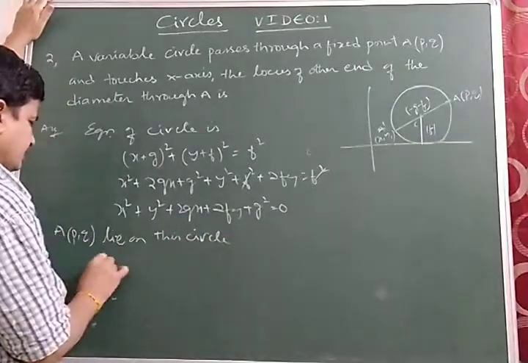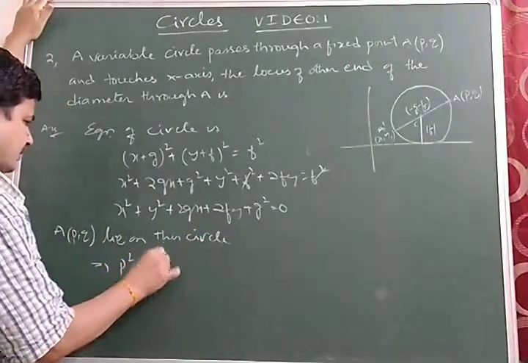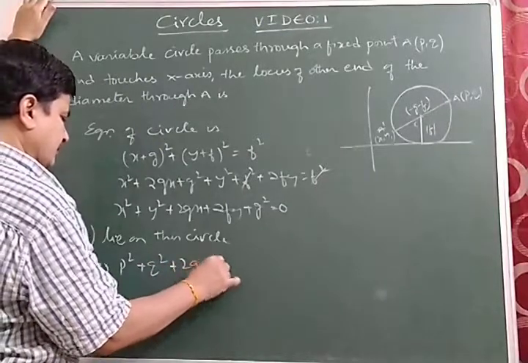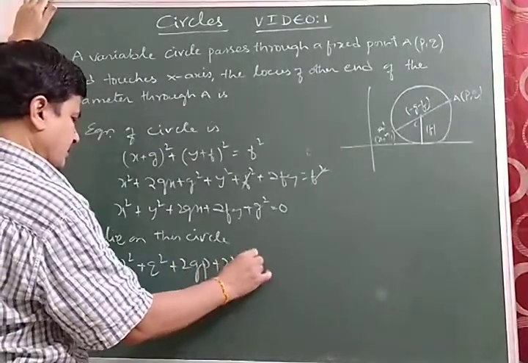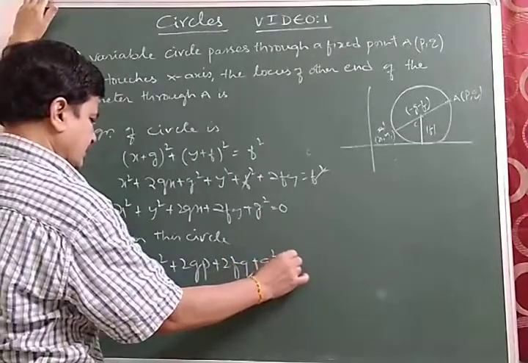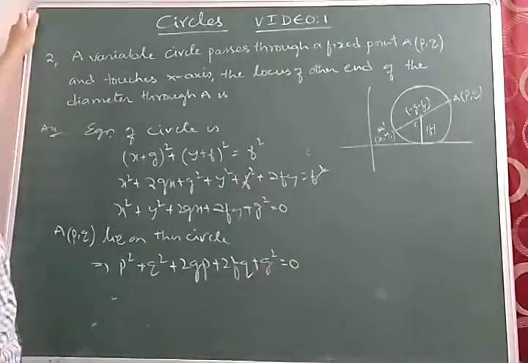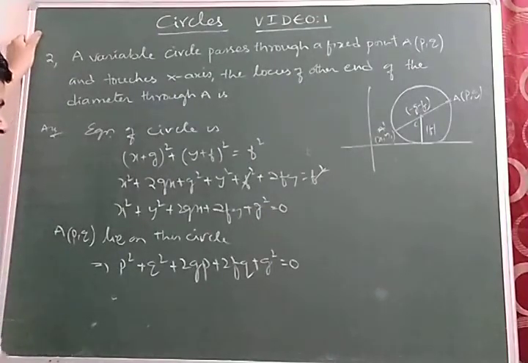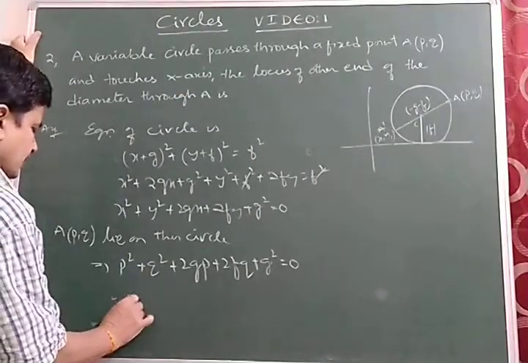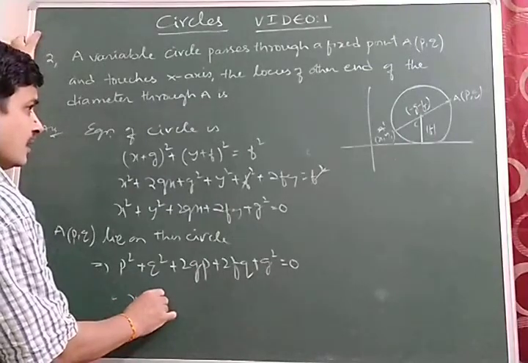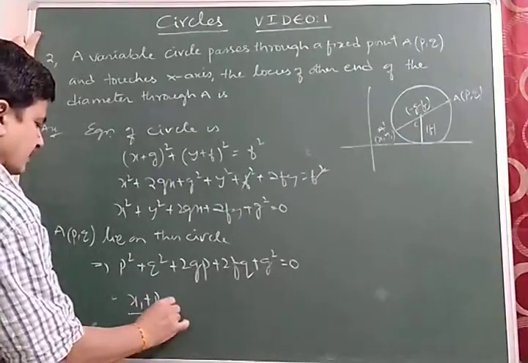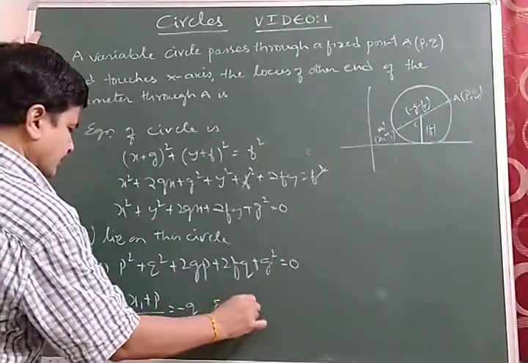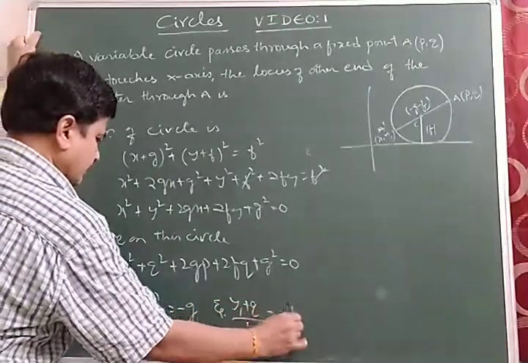So that implies p square plus q square plus 2gp plus 2fq plus g square equals 0. Now the other end of the diameter through A is A dash. Now (x1 plus p) by 2 equals minus g, and (y1 plus q) by 2 equals minus f.